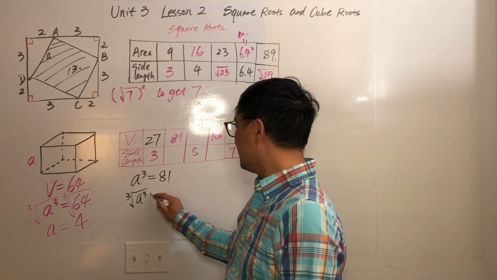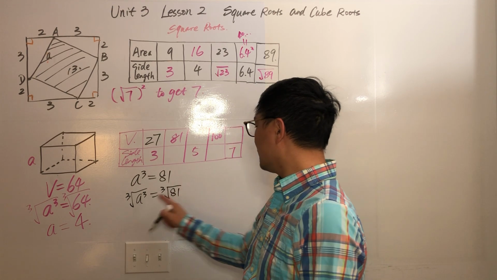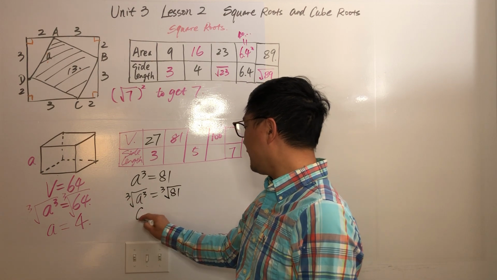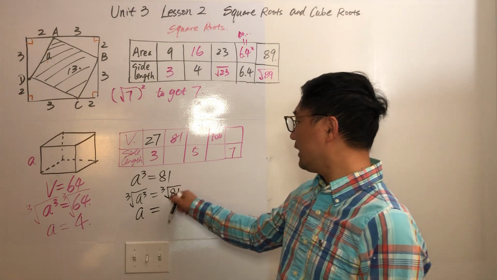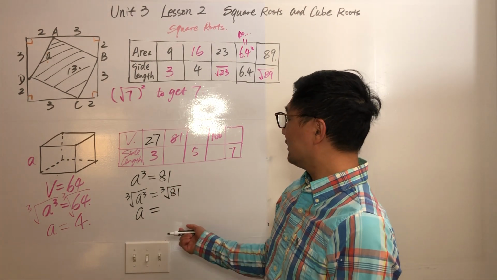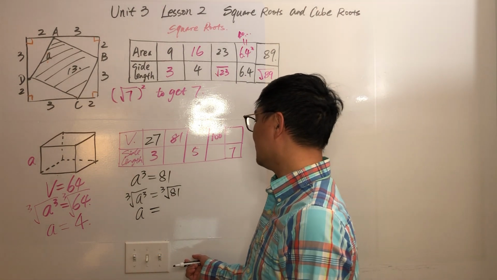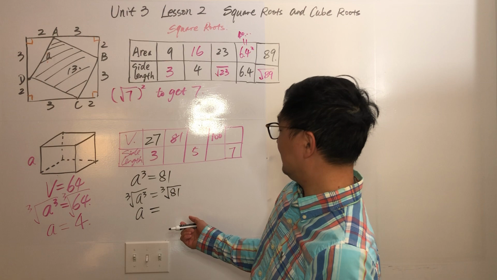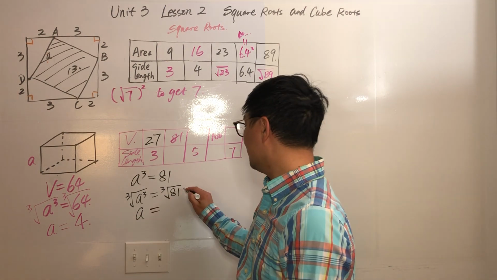You get A on the left, and what is the cube root of 81? You can use the calculator, or you can do it like this.